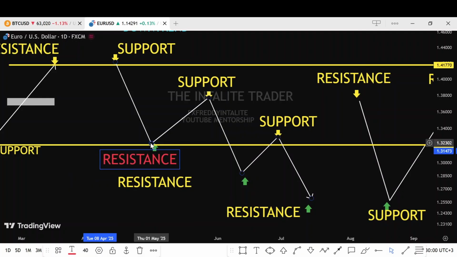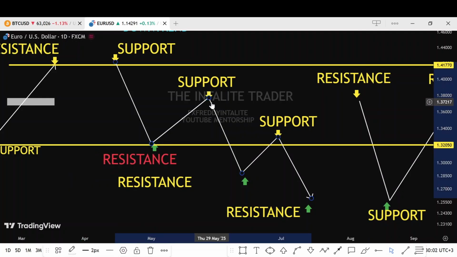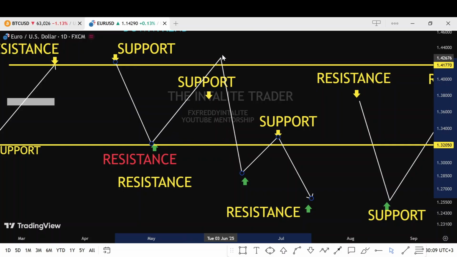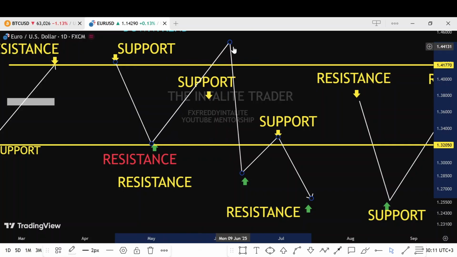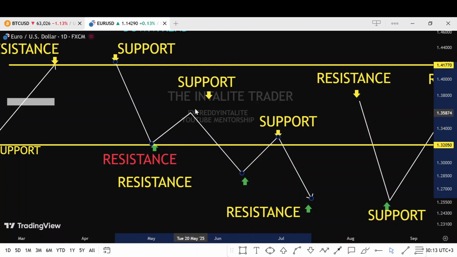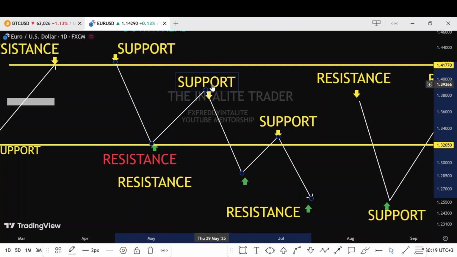So when price is resisted at this point, it is going to trade back, but it may not really trade back up to this level. Yes, it can, but we don't want to see price trade into this level. Why? Because there is a lot of selling presence.